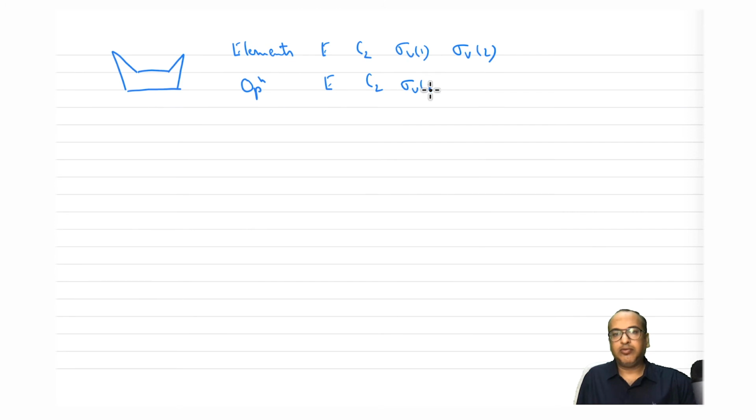This is very similar to water. Although water and the cyclohexane boat form look very different, the symmetry operations in them are the same, and hence both belong to the C2v point group.